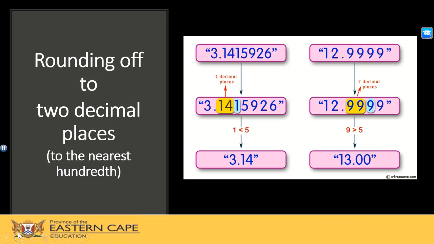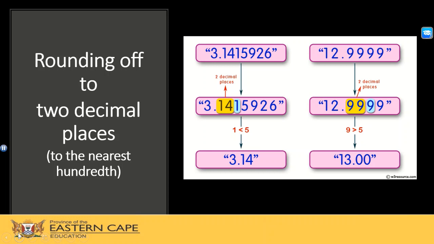I want to look at the first example where the calculator has given the answer 3.1415926. Unfortunately, you cannot give that as a correct answer to your calculation. So this is where we are required to round off.